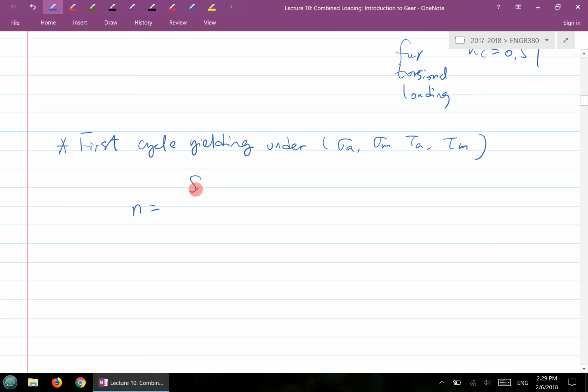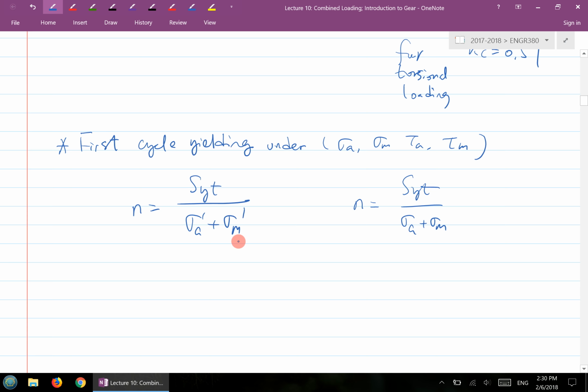We can use this formula here to calculate the first cycle yielding. If you recall, if it's not combined loading, if it's just a fluctuating type of loading, the formula is SYT over sigma A plus sigma M, right? Okay. So now we're using SYT over sigma A prime plus sigma M prime.